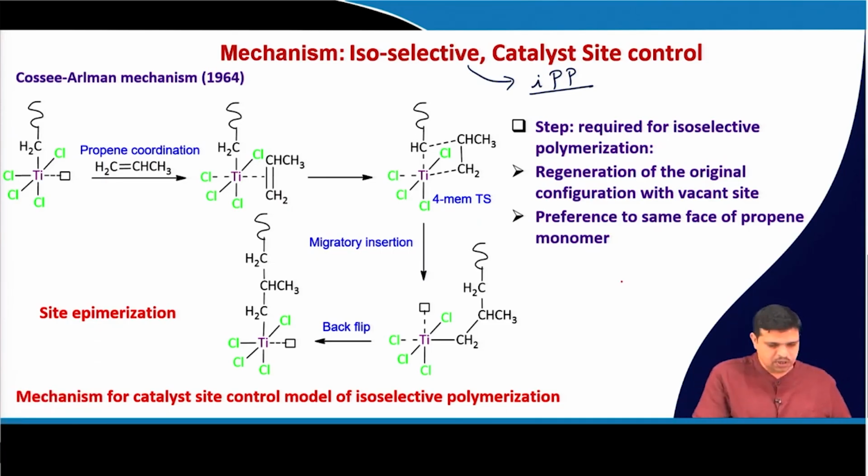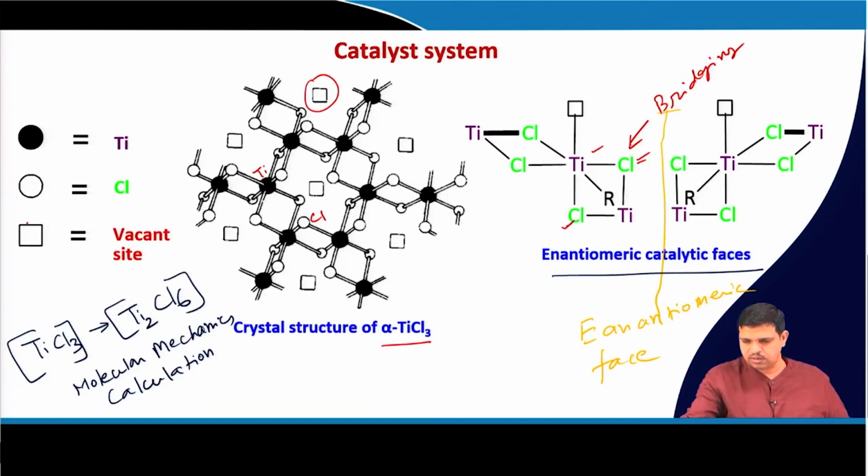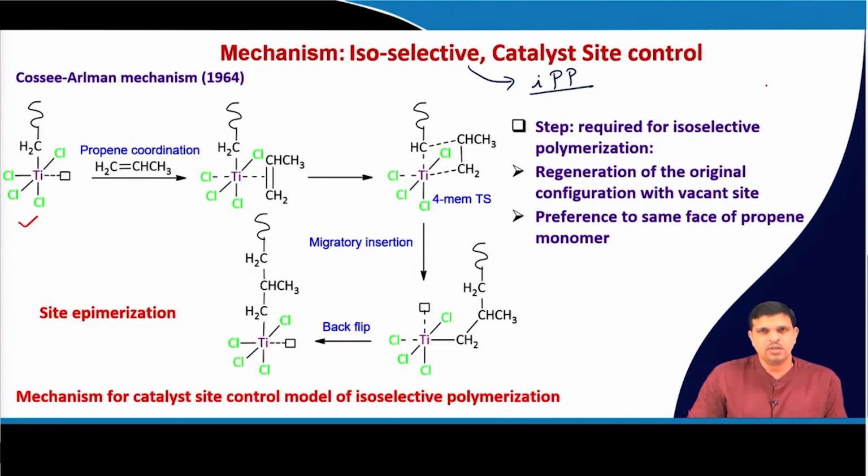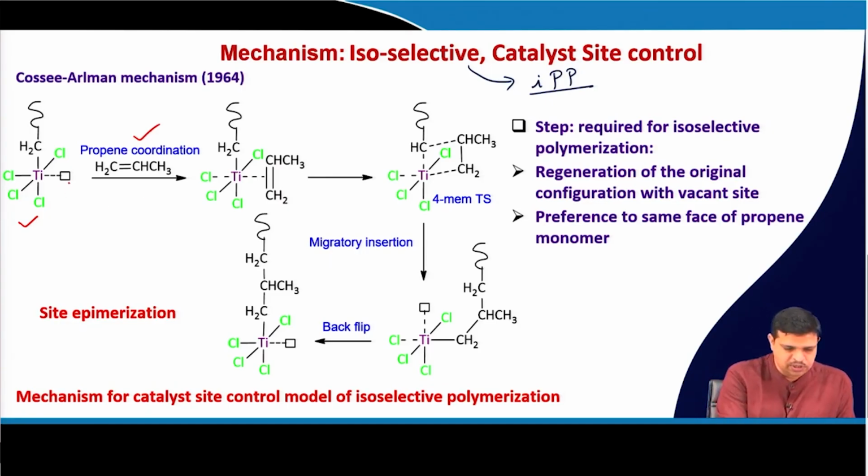This is the active center of the Ziegler-Natta catalyst, as we discussed in the last slide, considering a single discrete molecule. What is happening now? You will see the propene coordination, simple. This is the vacant site.